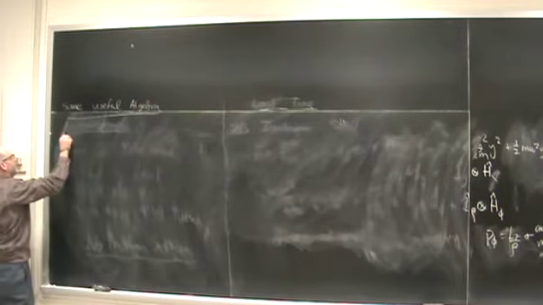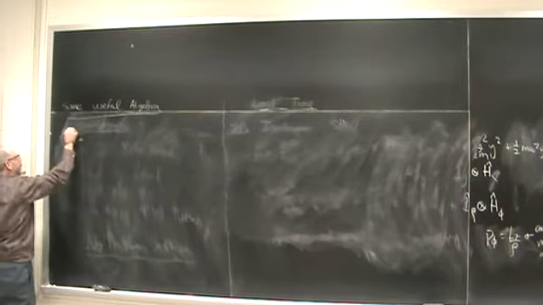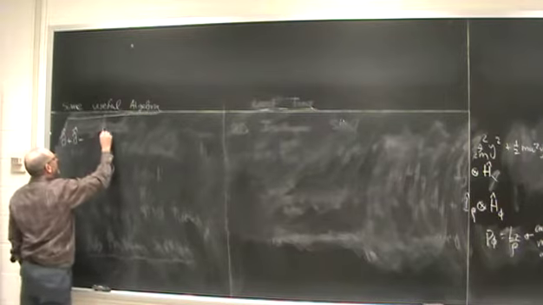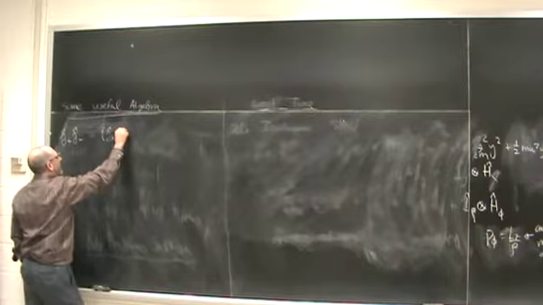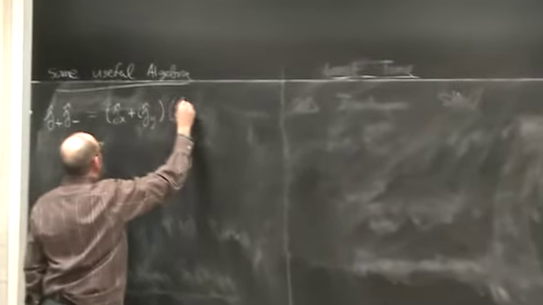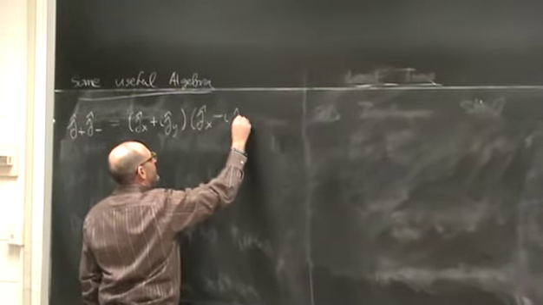Let's look at j plus times j minus. That's jx plus i jy times jx minus i jy.